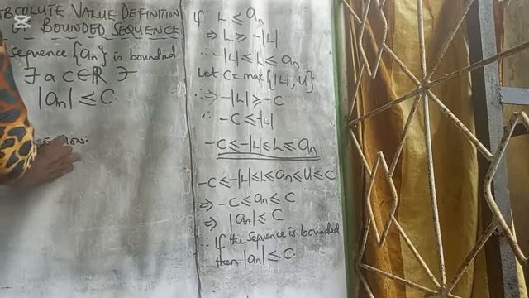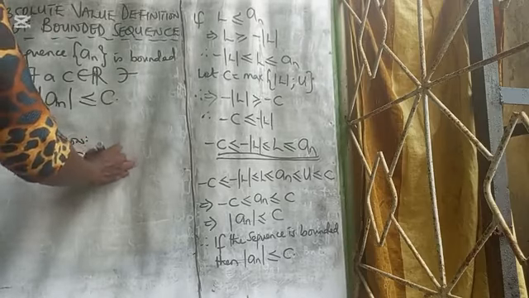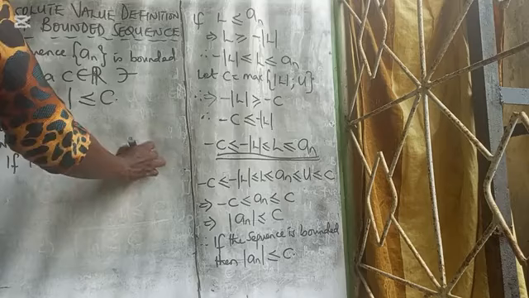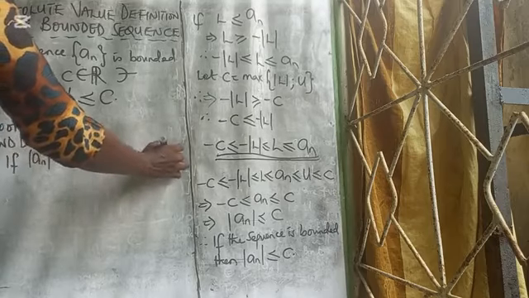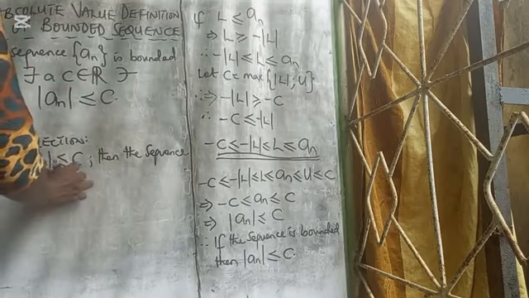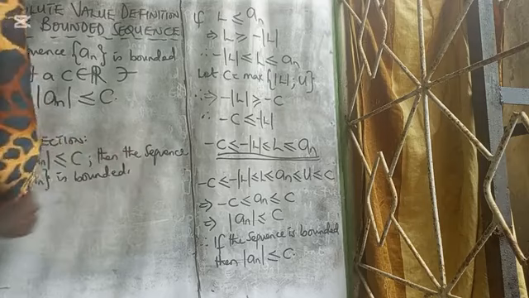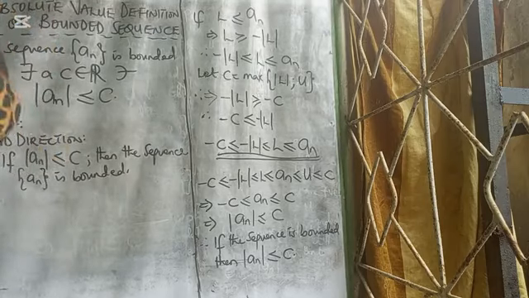If the absolute value of A sub n is less than or equal to C, then the sequence A sub n is bounded.